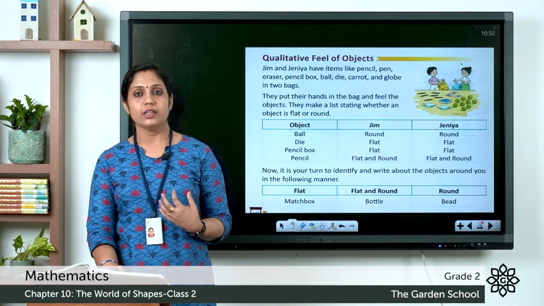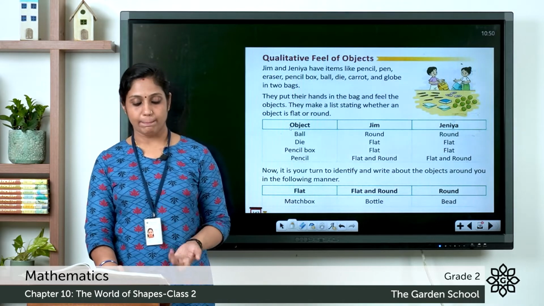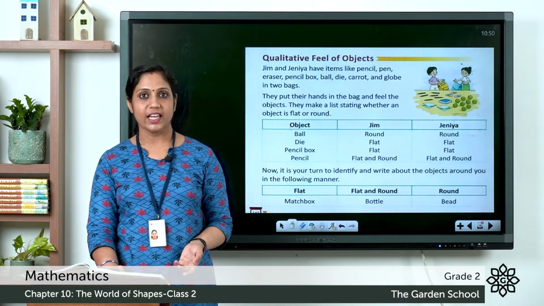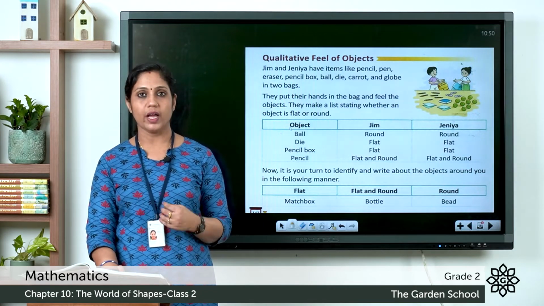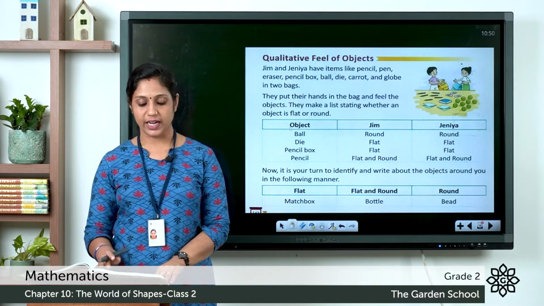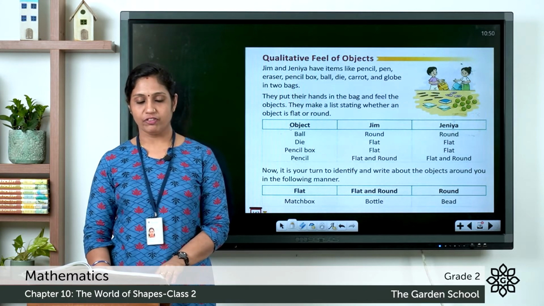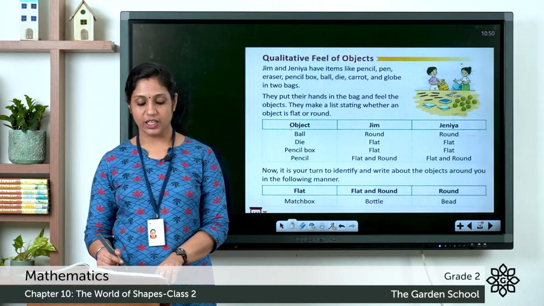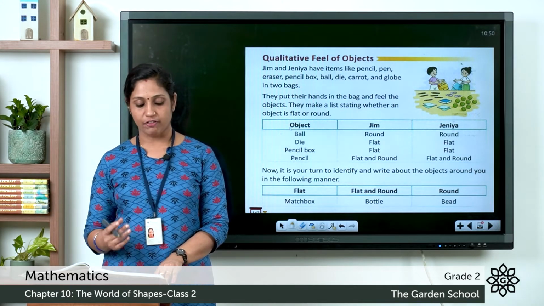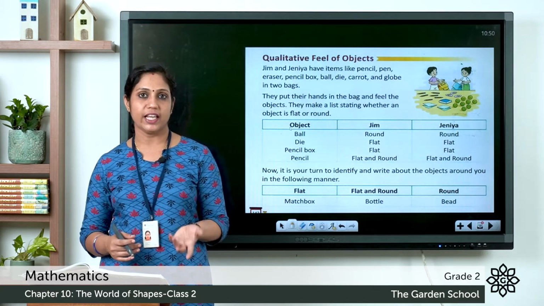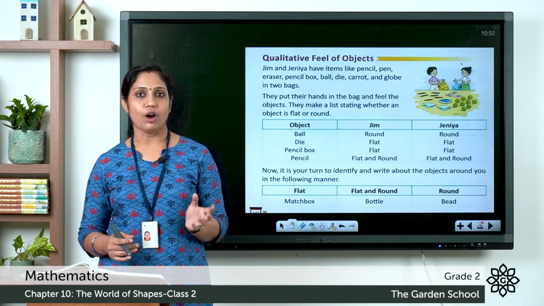They put their hands in the bag and feel the objects. They make a list stating whether an object is flat or round.